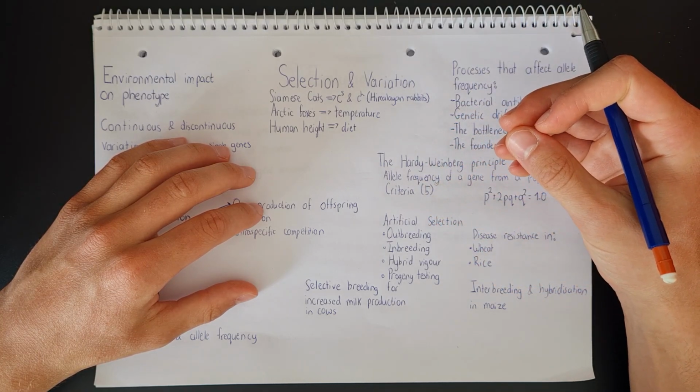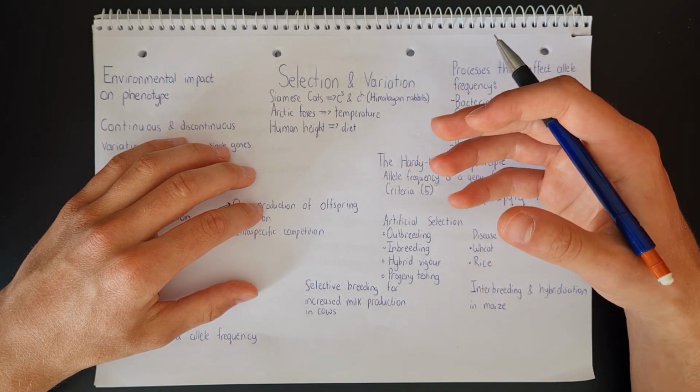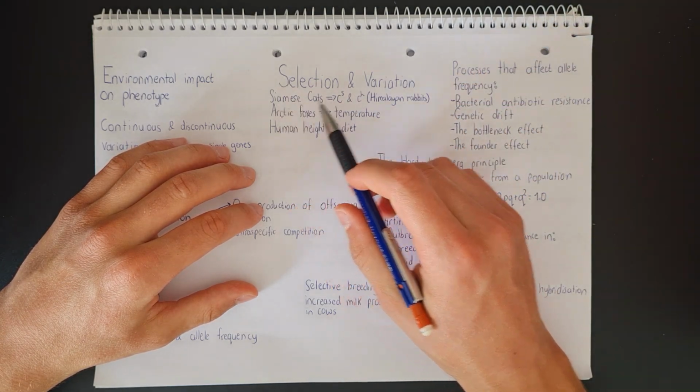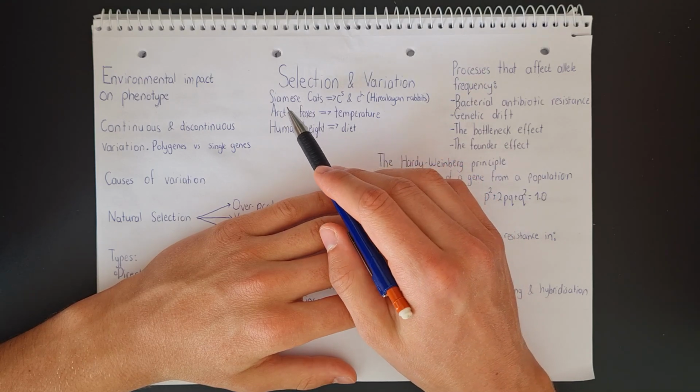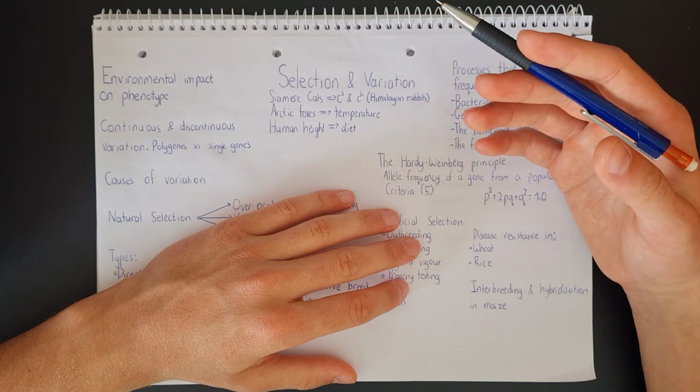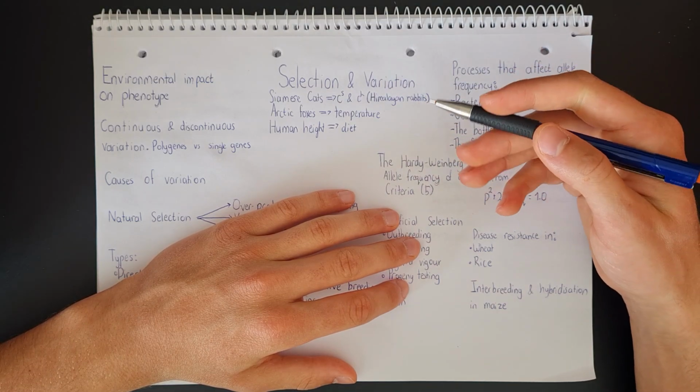Now, tyrosinase is involved in the production of the dark pigment melanin. Now, the body surface temperature of Siamese cats and Himalayan rabbits in general is greater than 33 degrees Celsius.